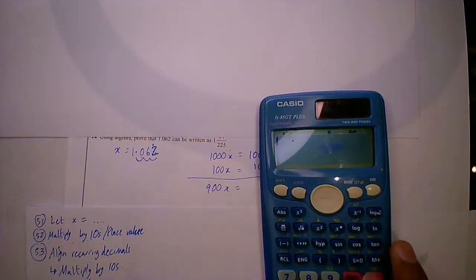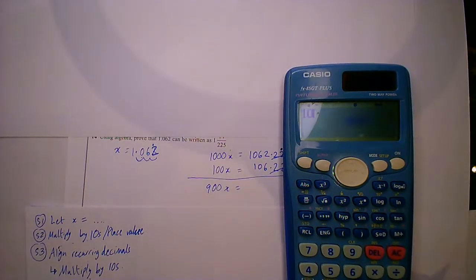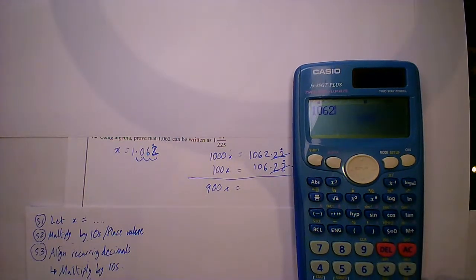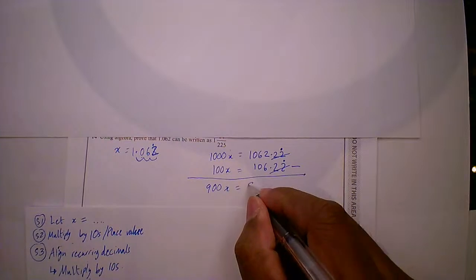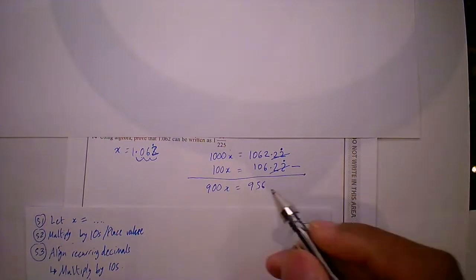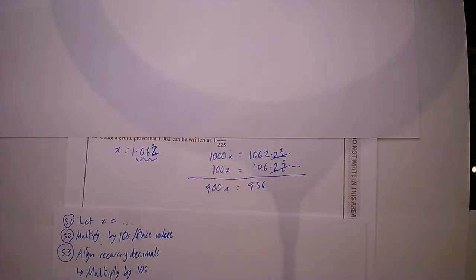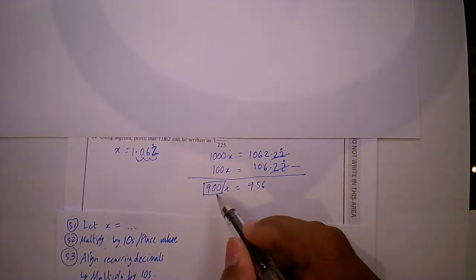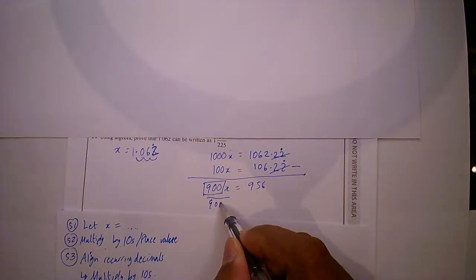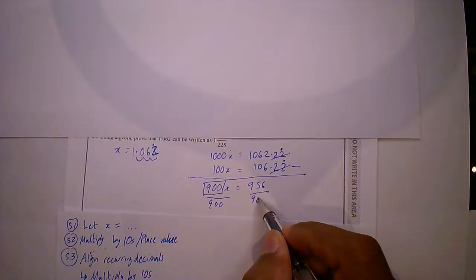So I've got 1062 take away 106. I can just get my calculator out, the small luxuries that you get sometimes in a test. So 1062 take away 106 gives you 956. Now I need to solve for x, so divide by 900, divide by 900.